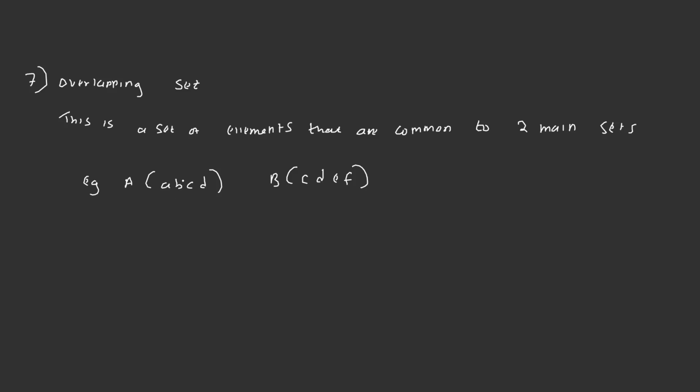These are overlapping sets because C is common in both A and B, and D is also common in both A and B.